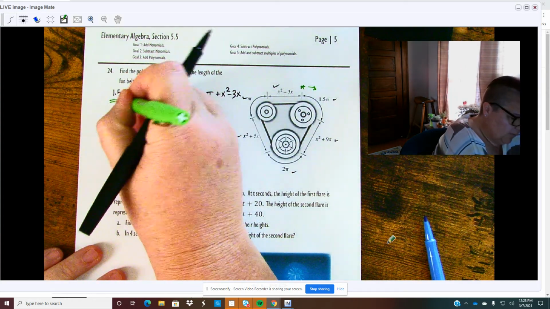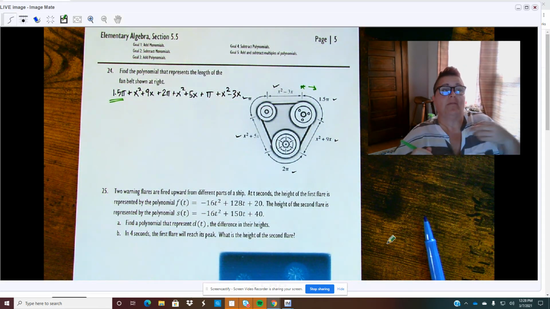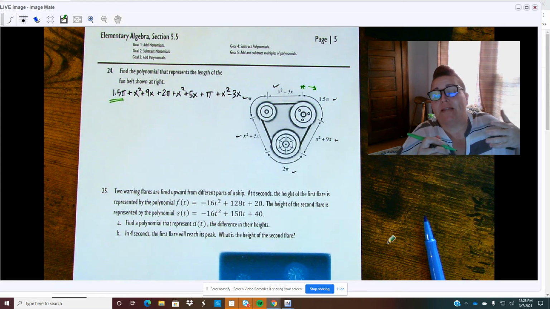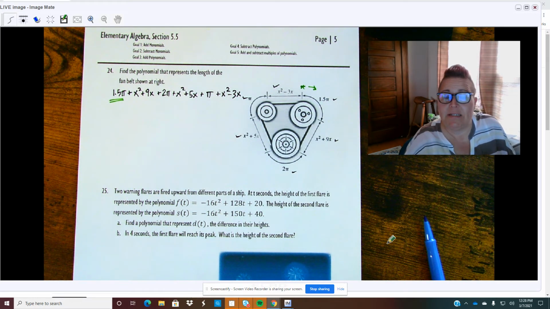Here I've got a 1.5 pi. Now, I know you know pi as 3.14. That's not exactly what pi is. Pi is infinite, so when I say infinite, I mean there's an infinite number of decimal places. It goes on forever and ever. So oftentimes for pi, we simply use this little tabletop double T sort of figure to represent it.